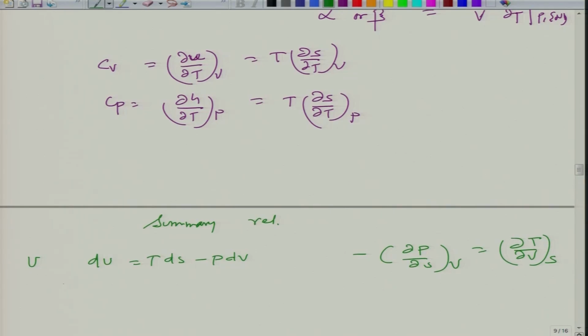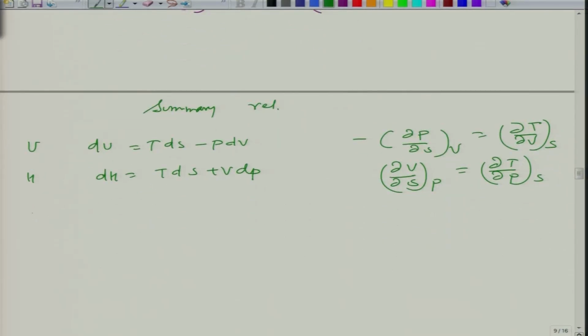Then you have the function H, which gives you dH = T dS + V dP, and from here I get (∂V/∂S) at constant P equal to (∂T/∂P) at constant S.